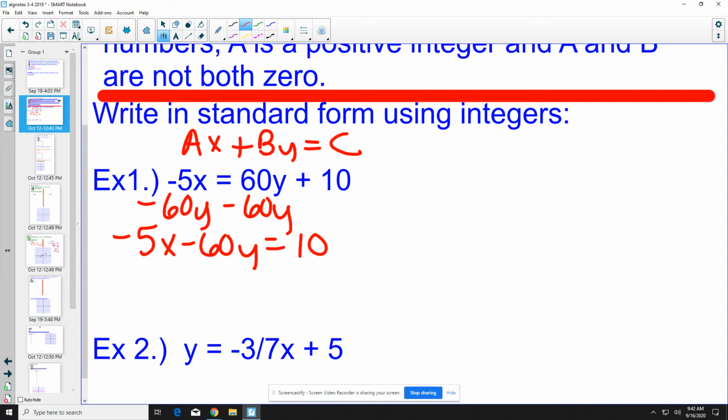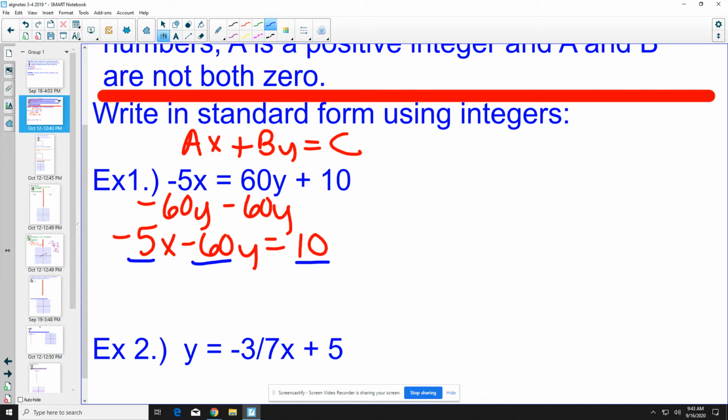Also, your coefficient for x cannot be negative, but I'm noticing we have a negative 5x. So I'm going to have to divide the whole equation by a negative number so that my coefficient for x is positive. Whenever you put equations in standard form, the a, which is negative 5, the b, which is negative 60, and the c, which is 10, cannot have a common factor.